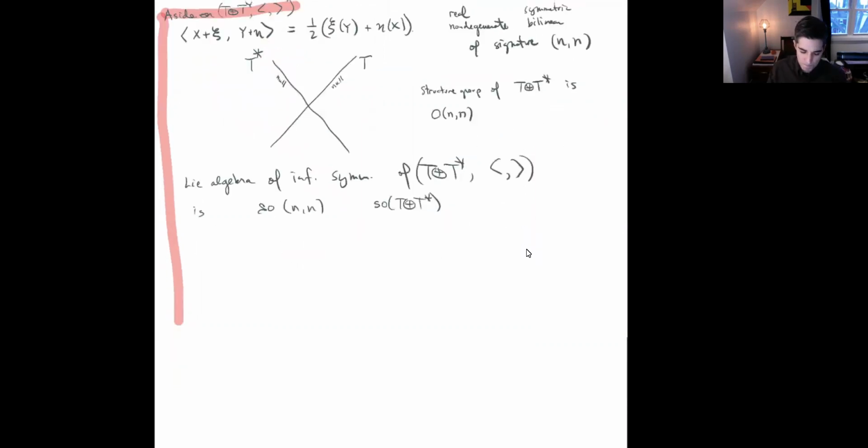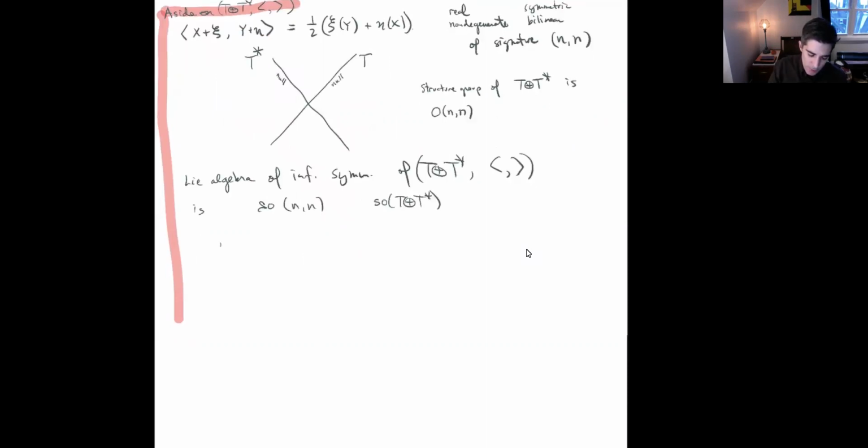And these are transformations A of T plus T star to itself such that the inner product is preserved infinitesimally, equal to 0, right? So it's an infinitesimal symmetry of the inner product.